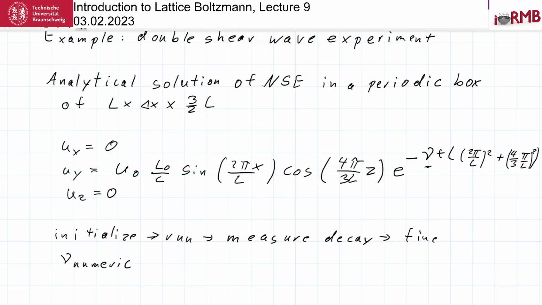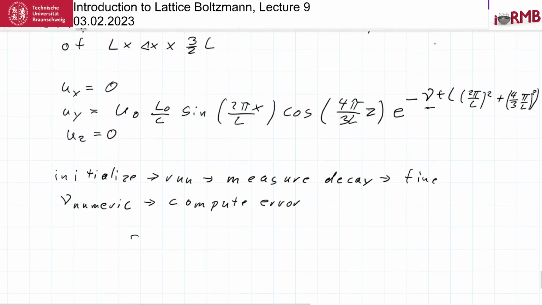So up here we have a viscosity that we set, and we measure how fast this is decaying. We do a regression for this, and then we compute the error of the decay. We call it ER, error for viscosity, and this is the physically set viscosity minus the numerical one, divided by the physically set one.